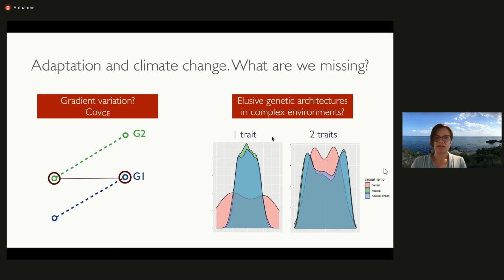And then secondly, I highlighted how considering adaptation in more complex environments could evolve phenotypic clines without clines in the underlying allele frequencies. And my lab is working on solutions to this. I think some solutions may be in machine learning or other kinds of multivariate analyses. So if you're interested in this, I am looking for PhD students to work on these problems.